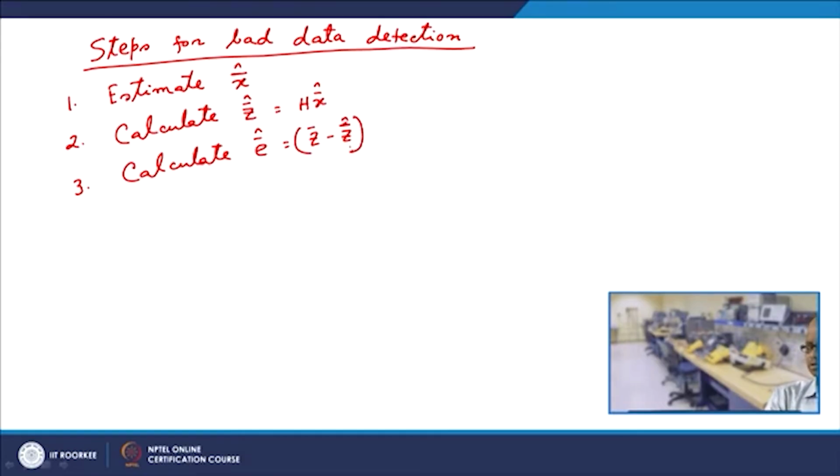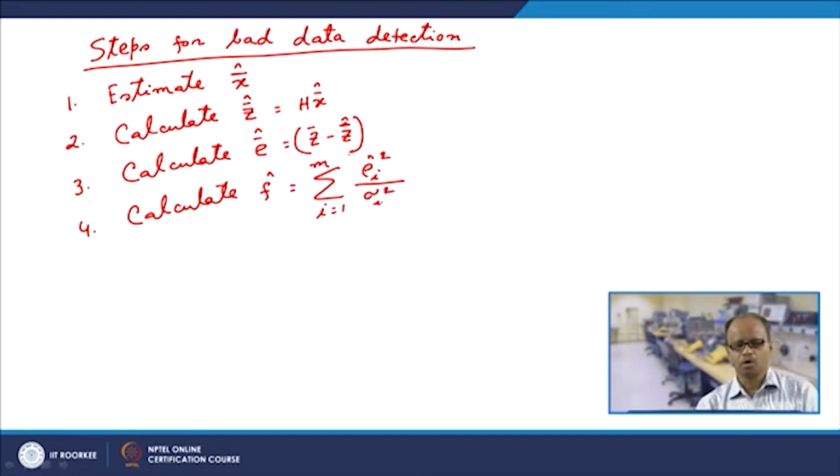Once we get E hat, then we calculate f hat, which we already know how to calculate. Once I calculate f hat, we now consult our chi-square distribution curve.